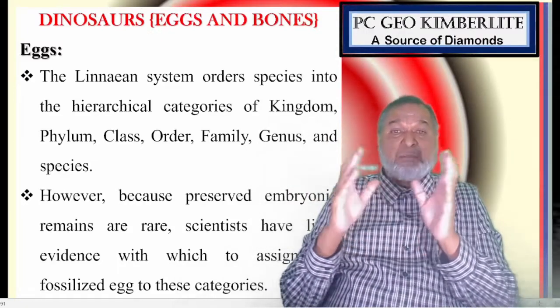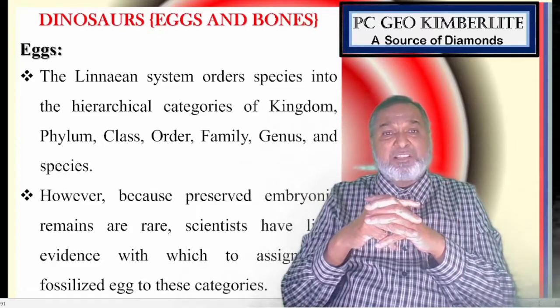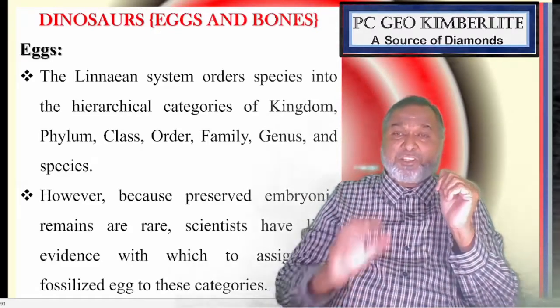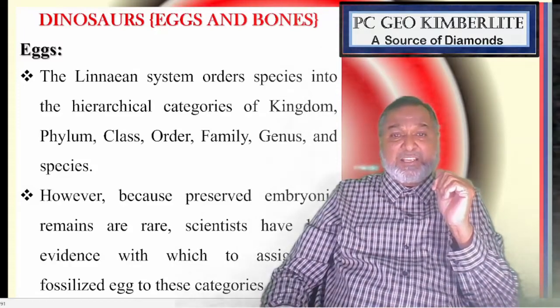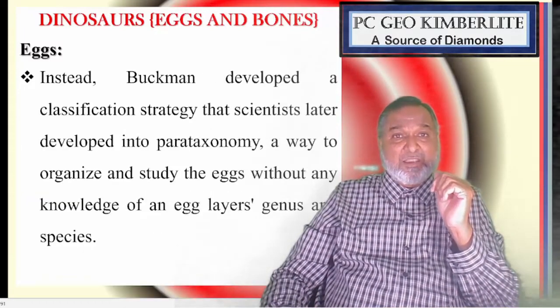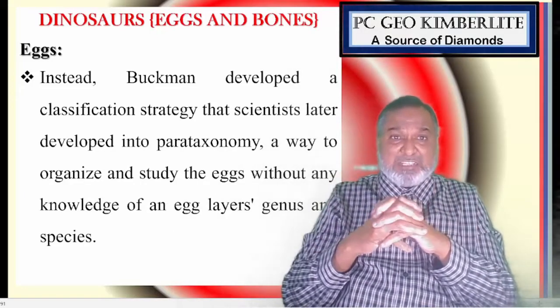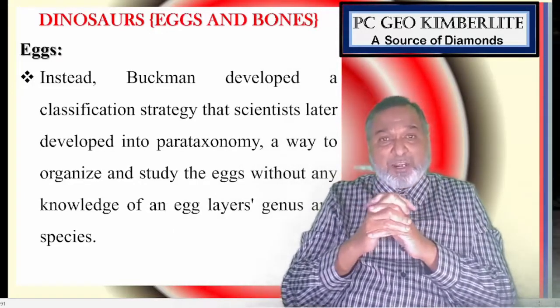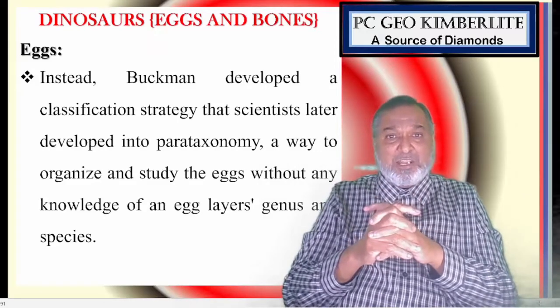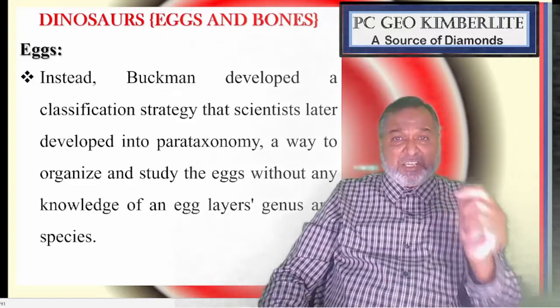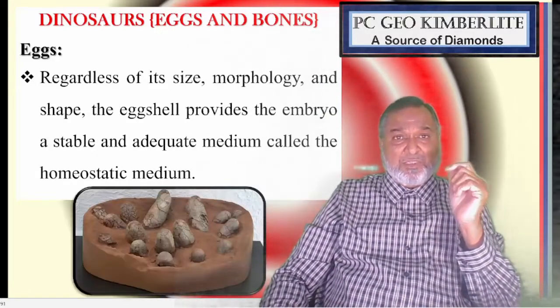However, because preserved embryonic remains are rare, scientists have little evidence with which to assign fossilized eggs to their categories. Instead, Buckman developed a classification strategy that scientists later developed into parataxonomy, a way to organize and study eggs without any knowledge of the egg layer's genus and species.